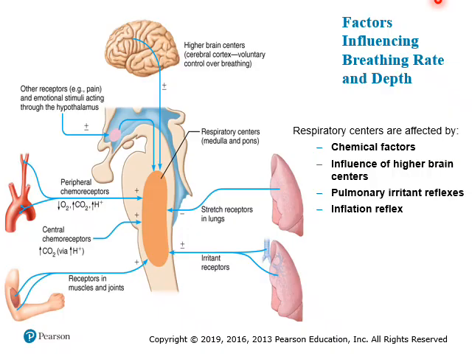So in summary, rising carbon dioxide levels are the most powerful respiratory stimulant. Normally, your oxygen availability affects breathing only indirectly by influencing peripheral chemoreceptors' sensitivity to changes in carbon dioxide.